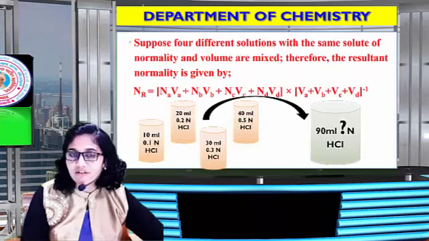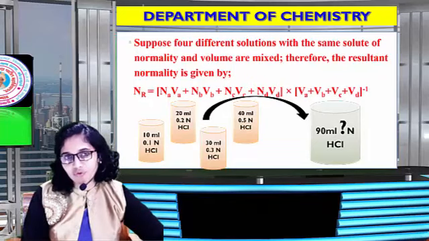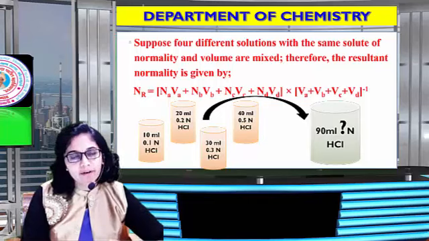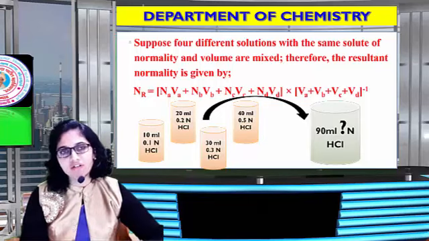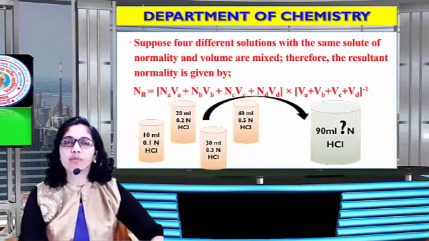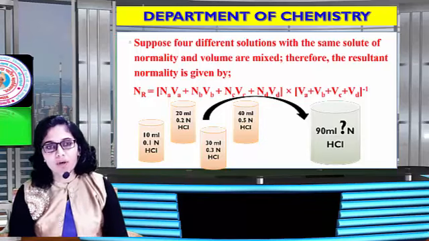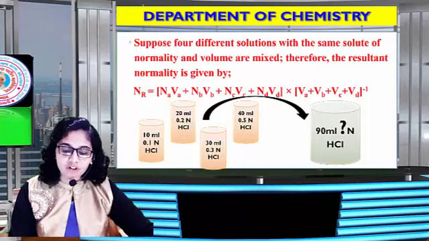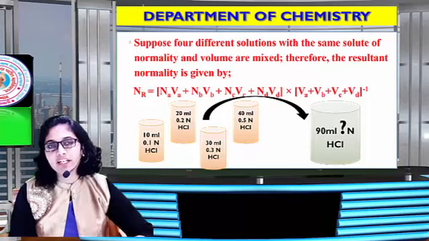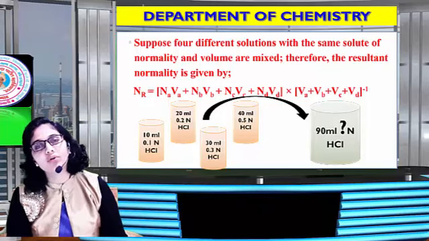But what is the normality of that 90 ml solution, because we mixed different concentrations? By using the above formula, we can calculate the normality of the resultant solution. I have solved this, and the answer is 0.1088, which means the normality of the resultant solution is near about 0.1.